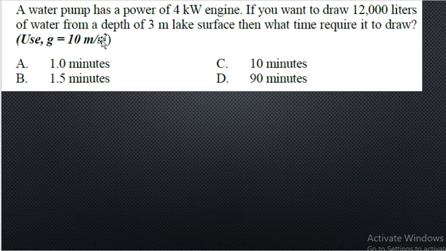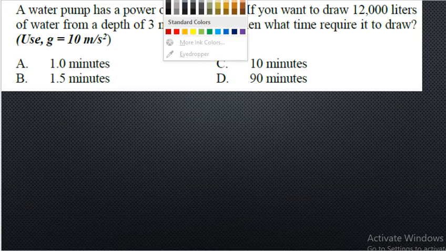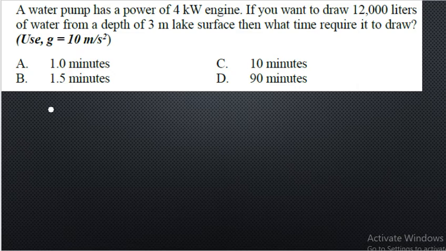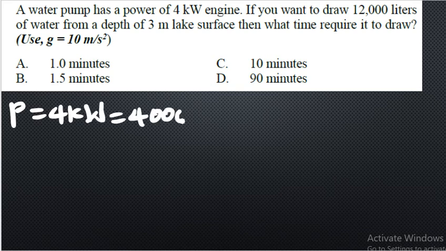Okay, the next question again. A water pump has a power of 4 kilowatt. The power is given to you, 4 kilowatt. Kilo means multiply by 1000, so 4 kilowatt is the same as 4000 watts. If you want to draw 12,000 liters of water, that means the volume is given to you.